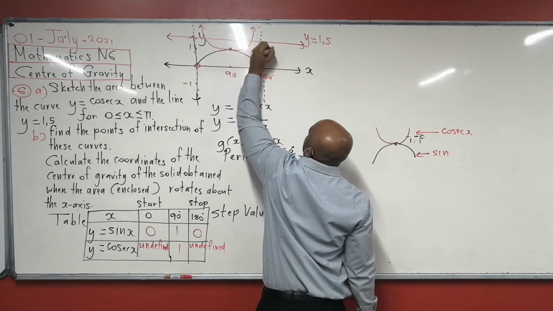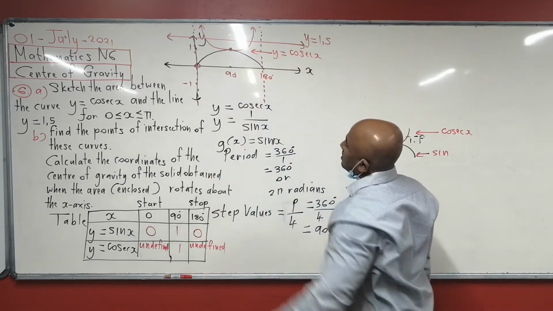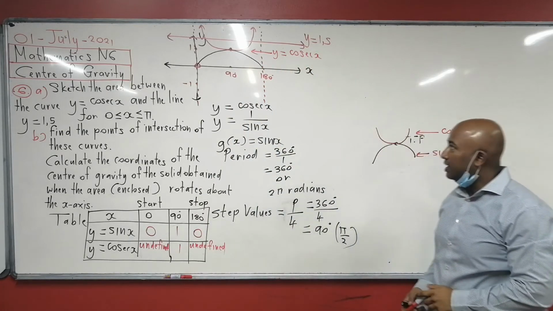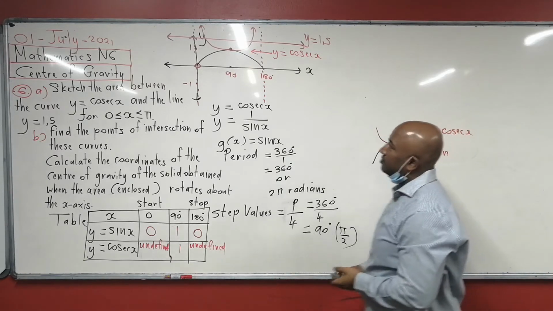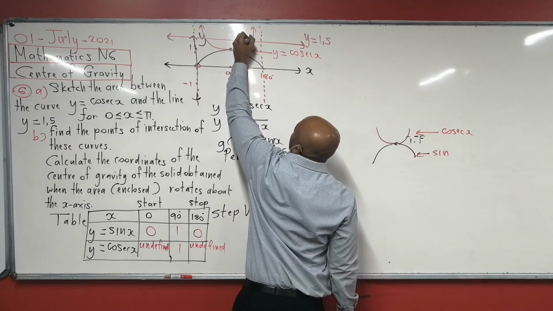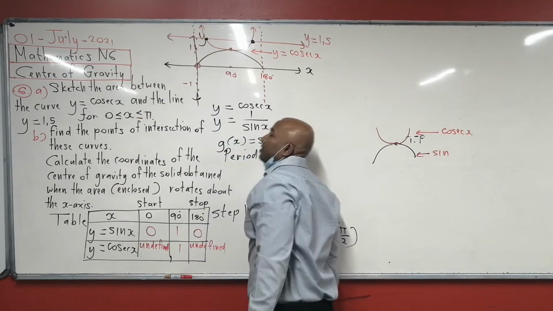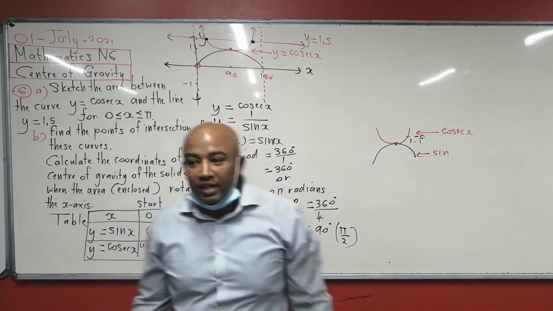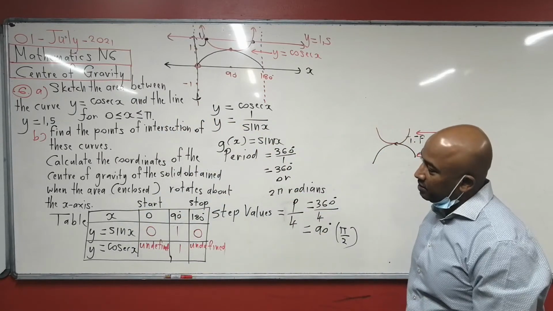And this graph here is y is equal to cosec x. Alright, so we have our graphs. Now, we have points of intersection. There's one point here, and there's another point of intersection. We need to find the points of intersection, which is the next question.